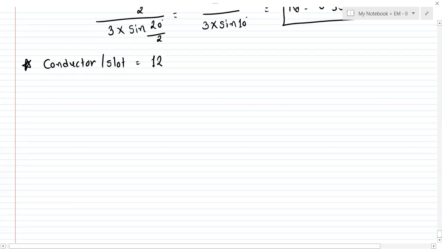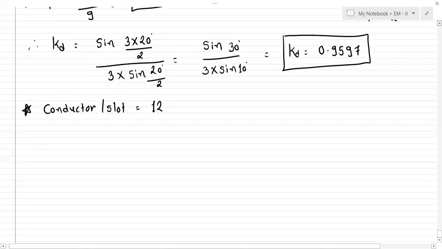So per slot we have 12 conductors. First of all, we have to find the total conductors, then we can find the total turns.